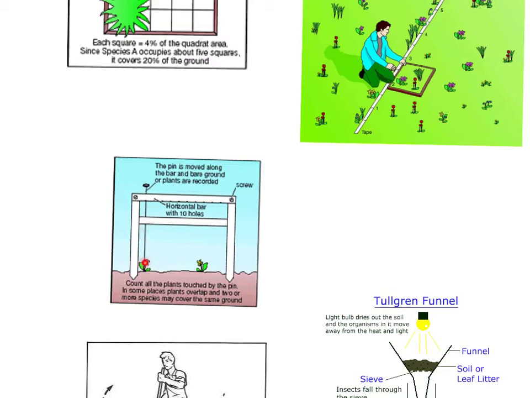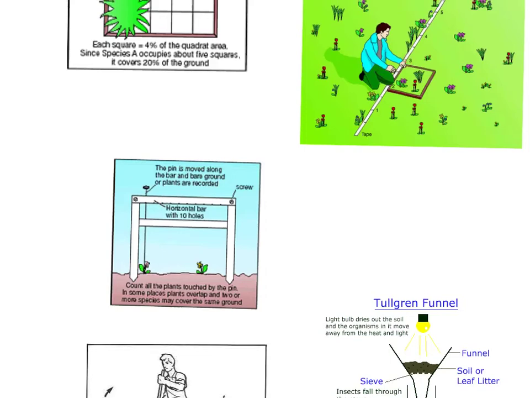Okay, so that's called a point quadrat. We could place this point quadrat on this transect line over here at certain distances and take readings through this transect, using a point quadrat rather than this square quadrat that we've got here.